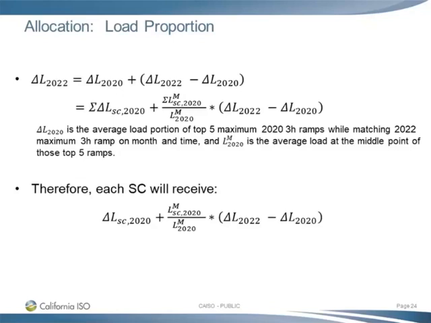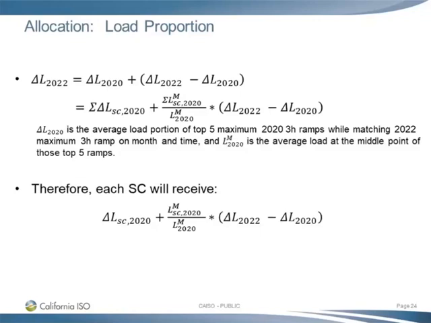So we need to give the credit for how they're doing, and it also serves as an incentive for all the rest of the SCs or LSEs to get a smaller load ramp. Then our ISO total net load ramp will get smaller.